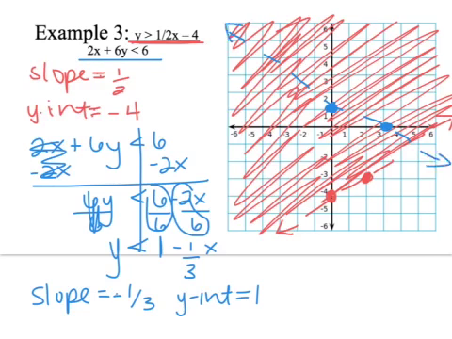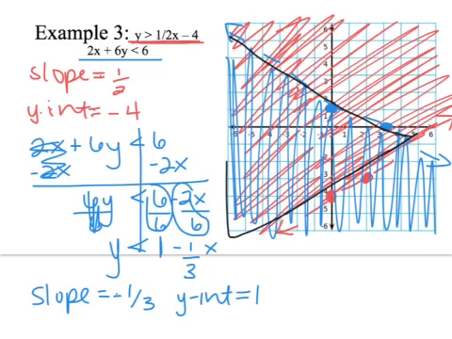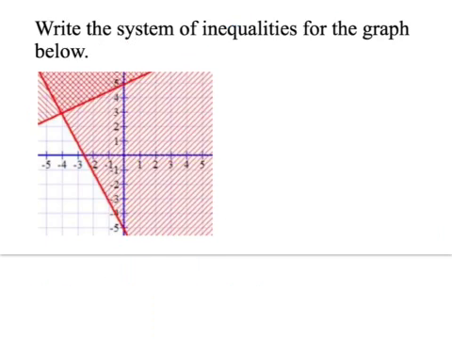And this says less than, so that's below the line. So again, the answer is this area here where they're both shaded. That's where the answer is. Not just the red, not just the blue, but both the red and the blue is the answer to both of these inequalities.